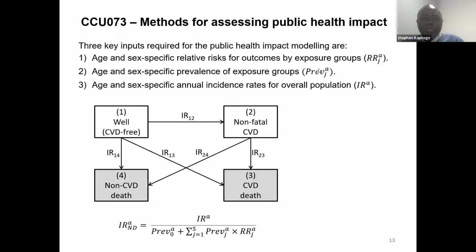We will also look at the prevalence of diabetes by age and sex and age of diagnosis, and the incidence rates in the overall population for each of these transitions. On that basis, we could derive an incidence rate for people without diabetes at any particular age, including now stratification by COVID-19.